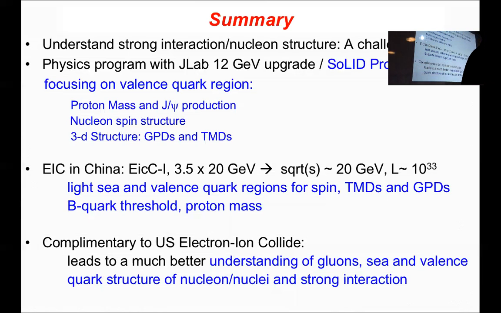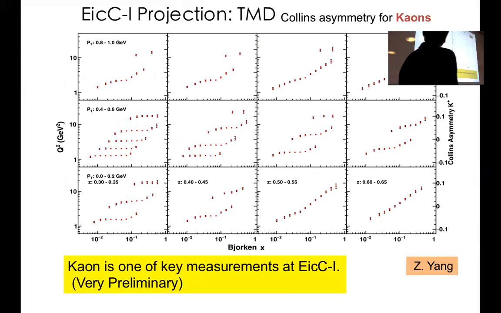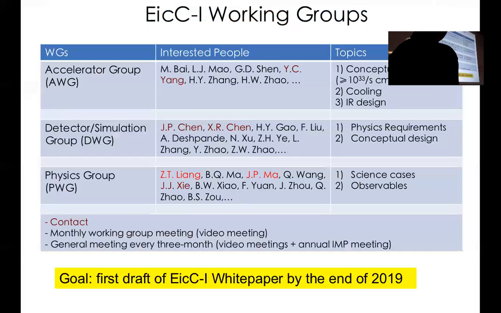Okay. In this list of contact persons, I understood that was Zodang, right, on the theory side. And then later you list the medium modification of the quantum distributions. He had papers on the medium modified TMDs. Is that a part of the program? Oh yeah, for nuclei, he is a local one at IMP, but these two are the conveners.